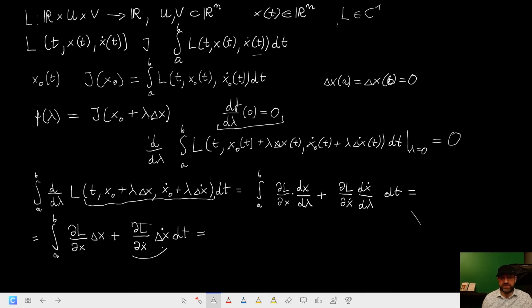So that works for any delta x, any trajectory delta x which has 0 at its ends.